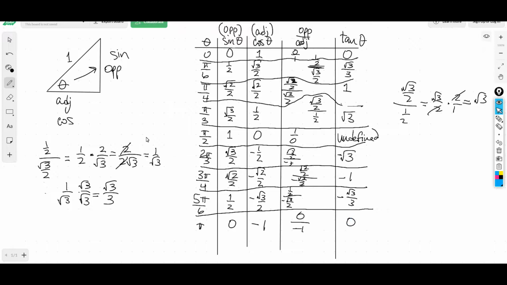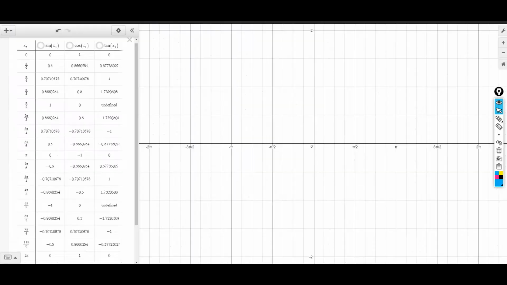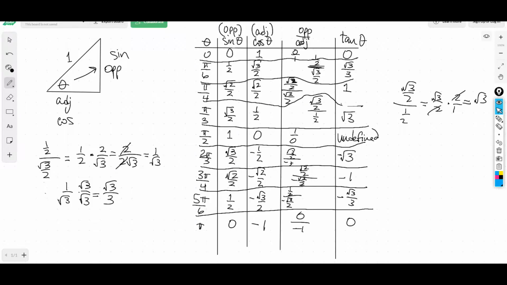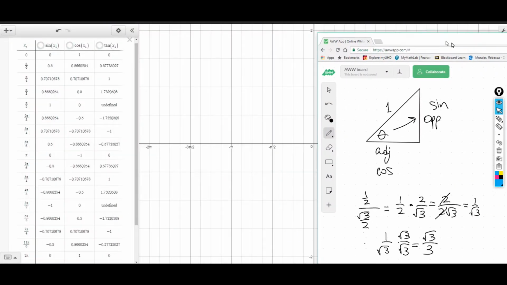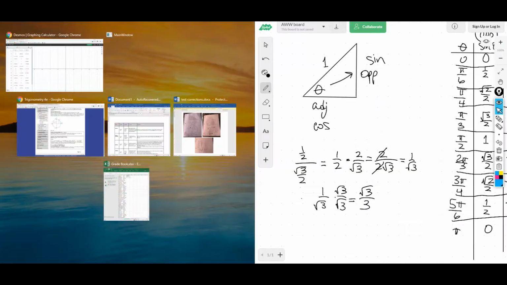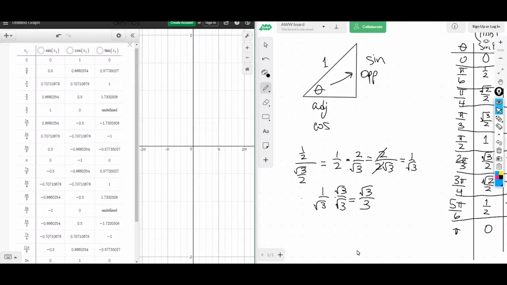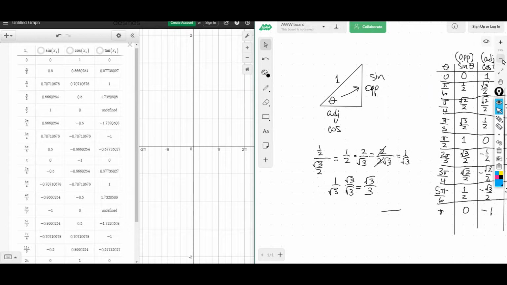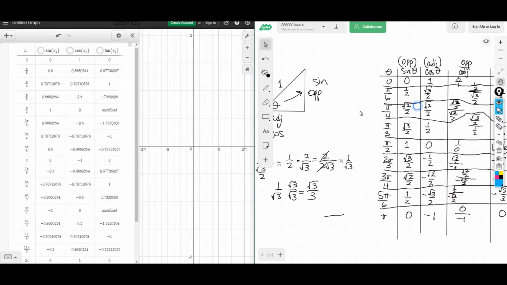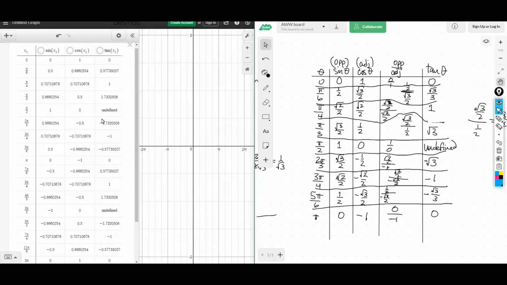So let's take a look at this table again. Let me put them next to each other actually. Let me zoom out. There we go. So we got this table, and we got this table here, which is pretty similar.